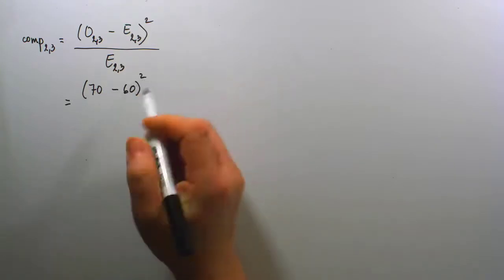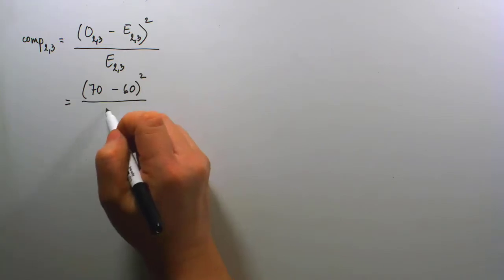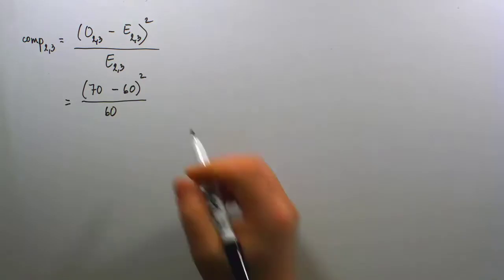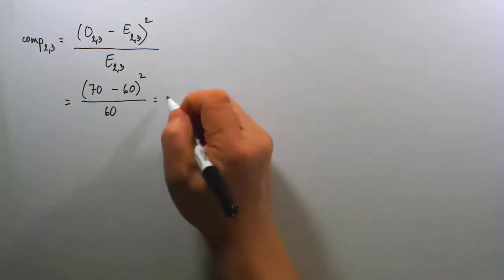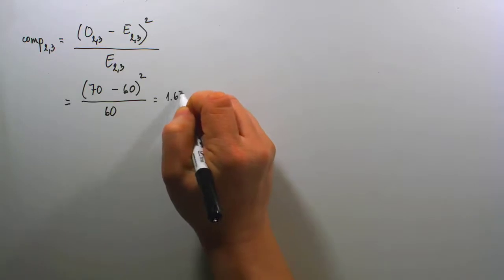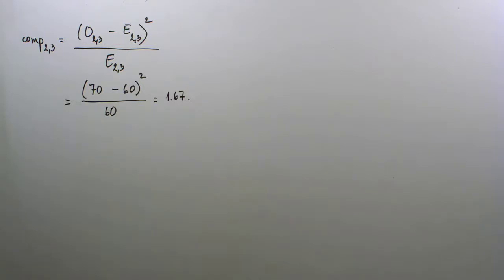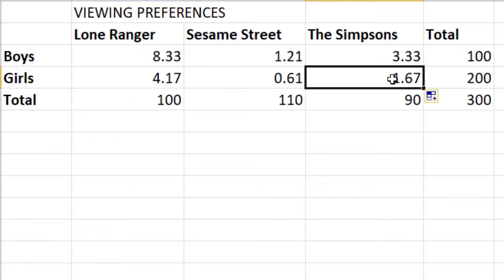I'm going to take the square of the difference here and divide it by 60, the expected count in row 2, column 3. The final calculation came out to be 1.67. And again, this is after I have rounded to 2 decimal places. And so now I am going to enter that last component value into its appropriate entry in our current table. So row 2, column 3, this is where we enter our last component value, component 2 comma 3.